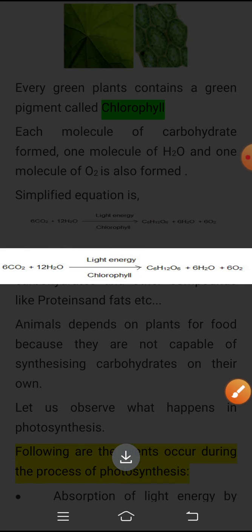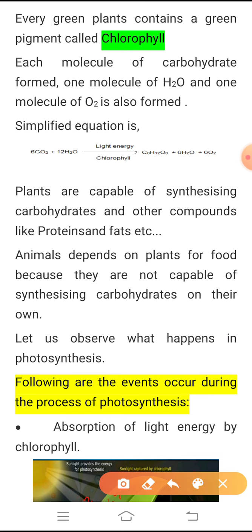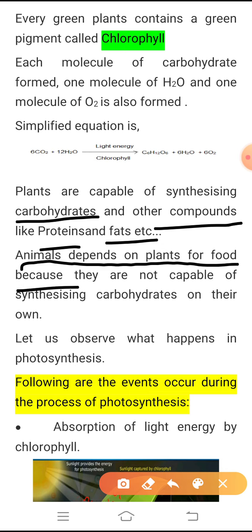All the green plants are capable of synthesizing the carbohydrates and other compounds like proteins, fats, lipids, many things. You should remember, animals depend on the plants for food because the animals are not capable of synthesizing the carbohydrates on their own.